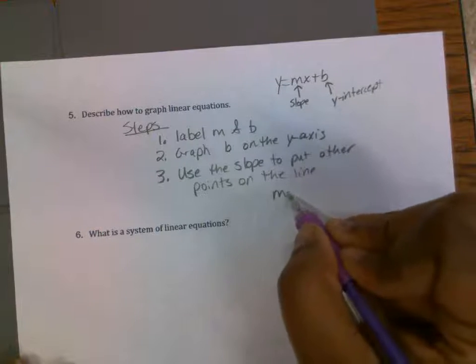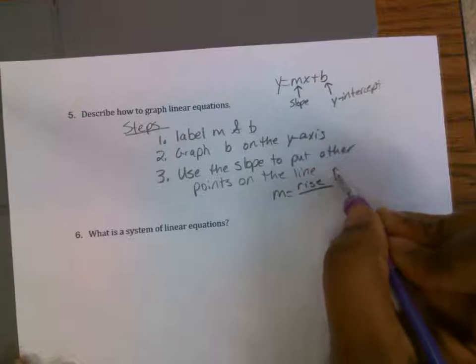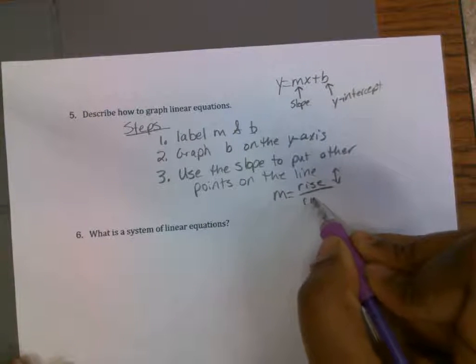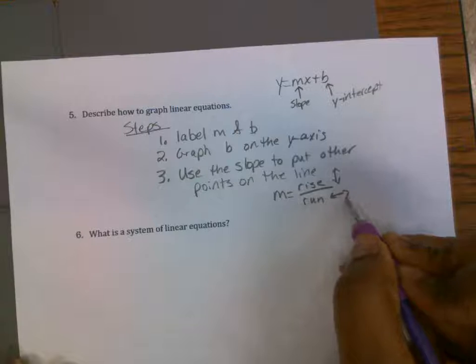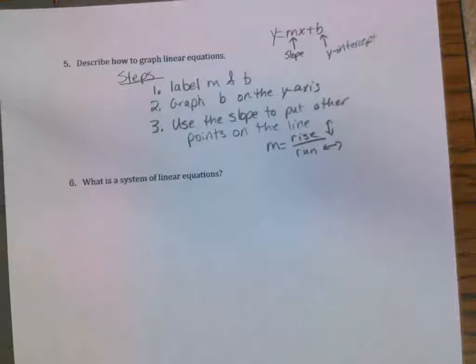Don't forget that you're labeling. Your rise is how far you go up or down. Your run is how far you go to the left or to the right. All right? And that's how you graph linear equations.